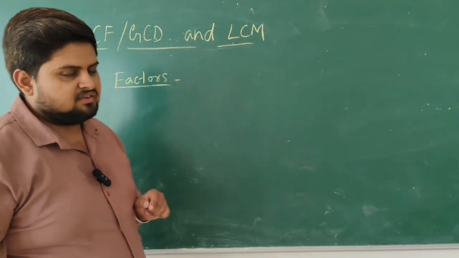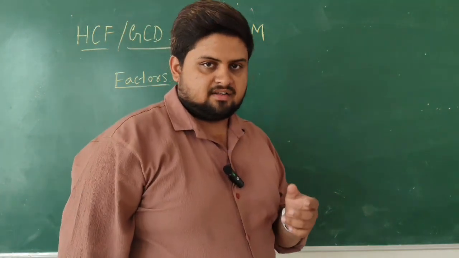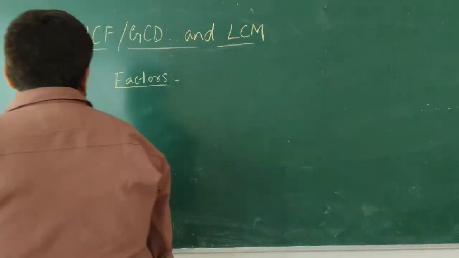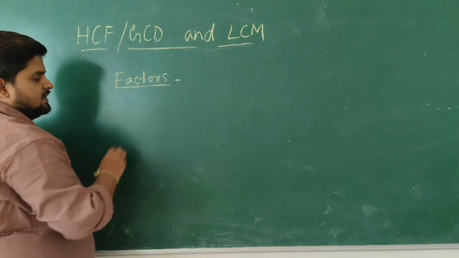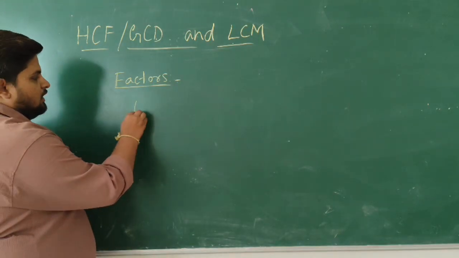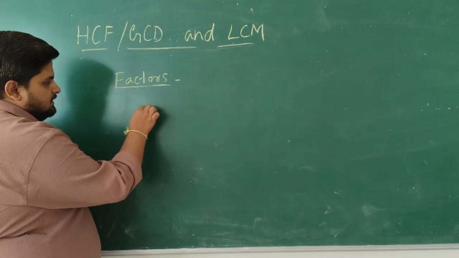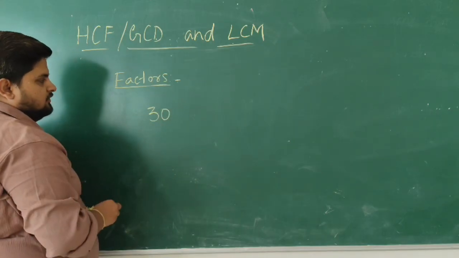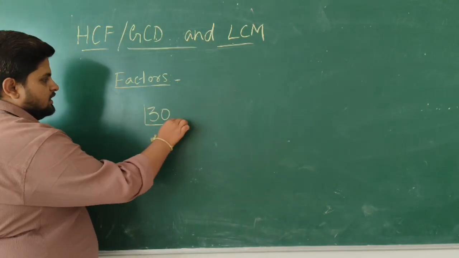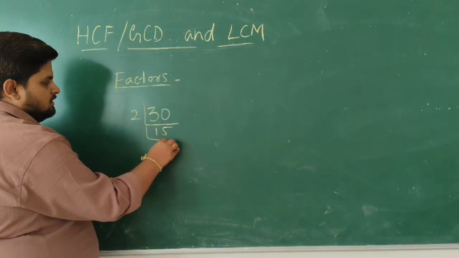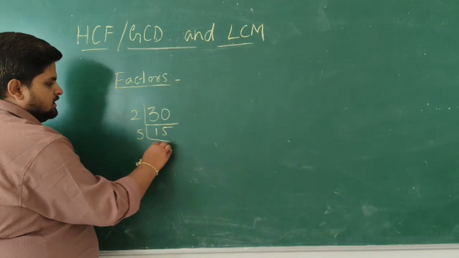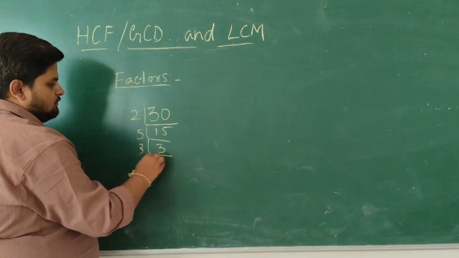In the previous video, we learnt about prime factorization. There we got to know that you can prime factorize a number and write it as a product of its factors. For example, I'll take the number 30. If you prime factorize 30, 2 15s are 30, 5 3s are 15, 3 1s are 3.